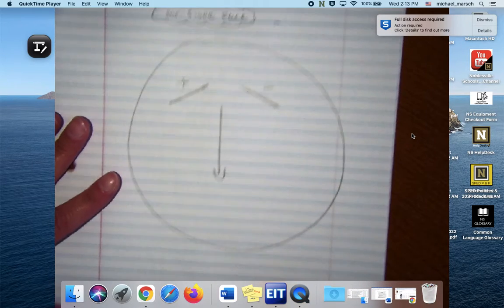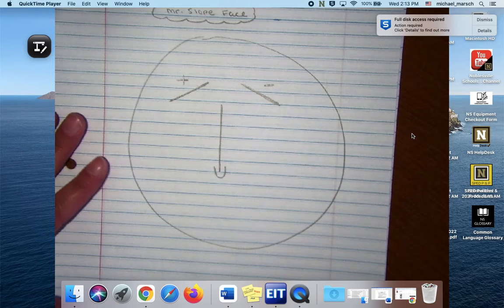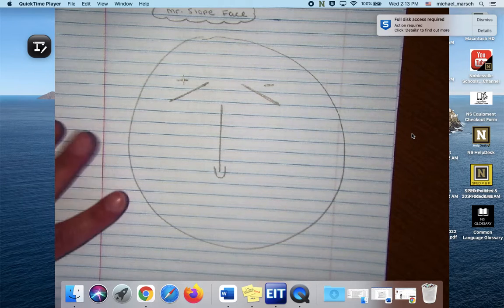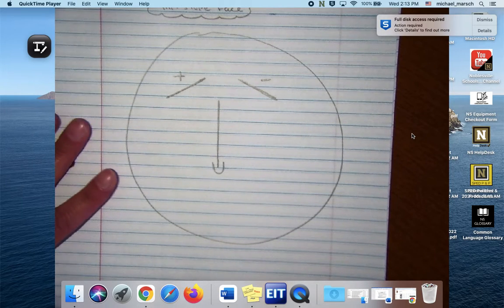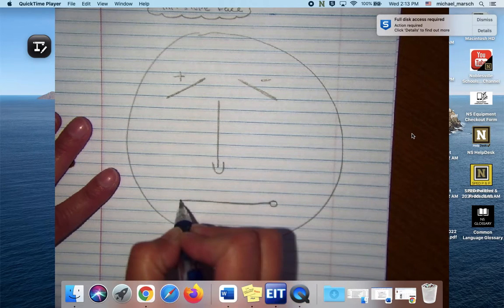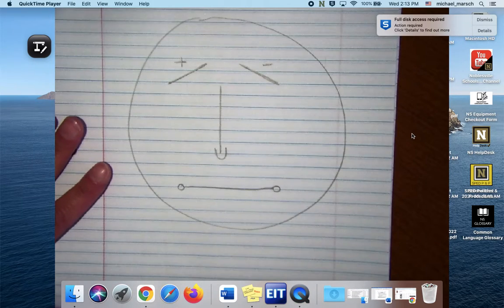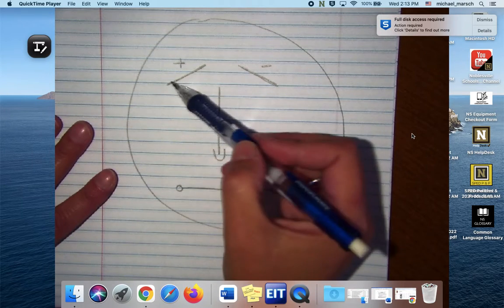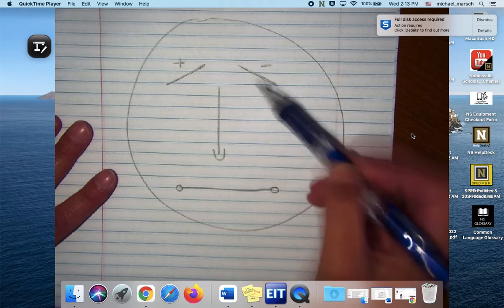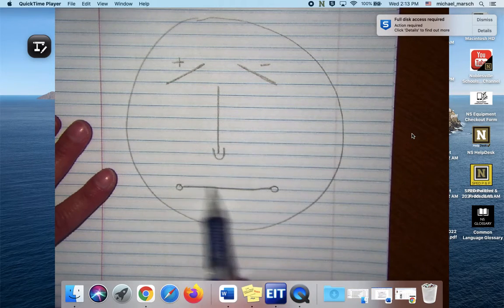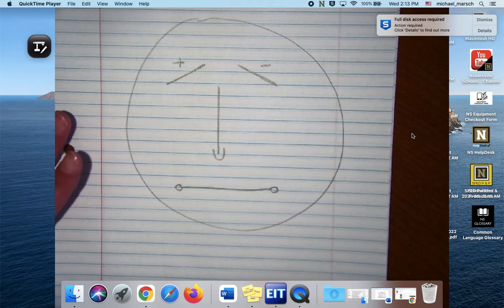So we put a little U under there for undefined. He's not smiling. And then we have his mouth, which is a horizontal line with zeros on the end. So right here, you can see positive goes up, negative goes down. A vertical line is undefined, and a horizontal slope is 0. Tells you everything you need to know about slope.